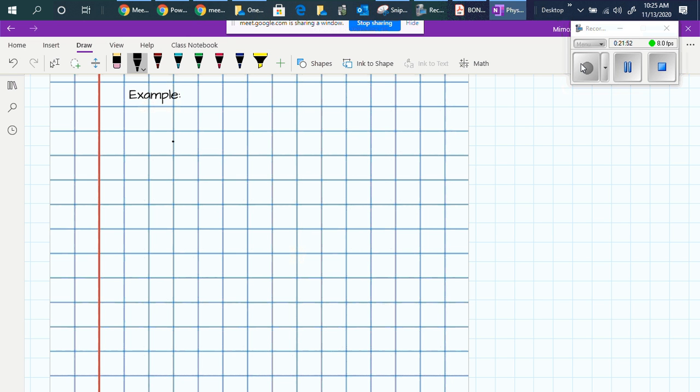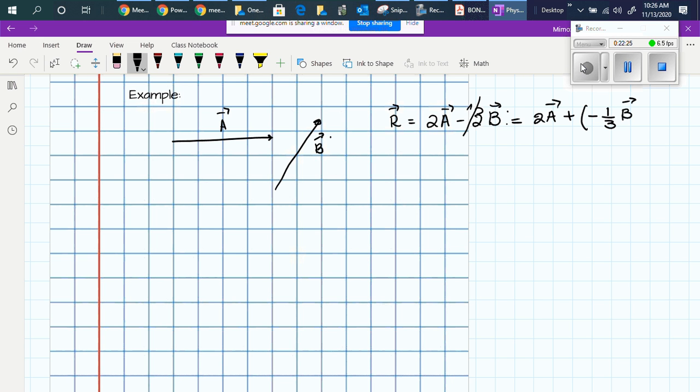So let's suppose that we have a vector A that looks like this, and a vector B that looks like this. And what we are doing is finding the resultant of 2A minus 1/3 B. This is the same as saying we are adding the vector 2A to the opposite of 1/3 B. So when we see this 1/3, if B is this one here, then we divide it into three parts.